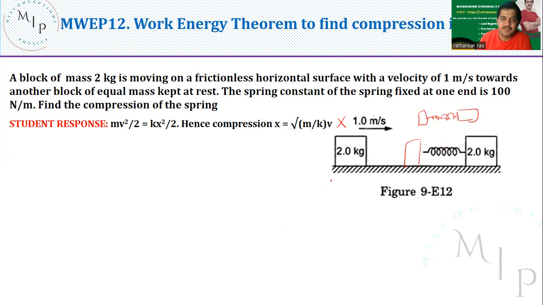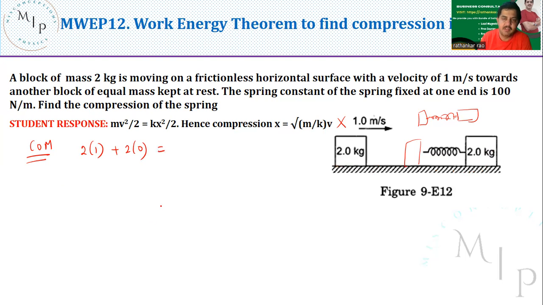First thing is, an object comes and hits here, which means some amount of momentum is being transferred. So let us apply conservation of momentum. Initial momentum is 2 into 1, mass into velocity, plus 2 into 0. Why 2 into 0? Because this is not moving.